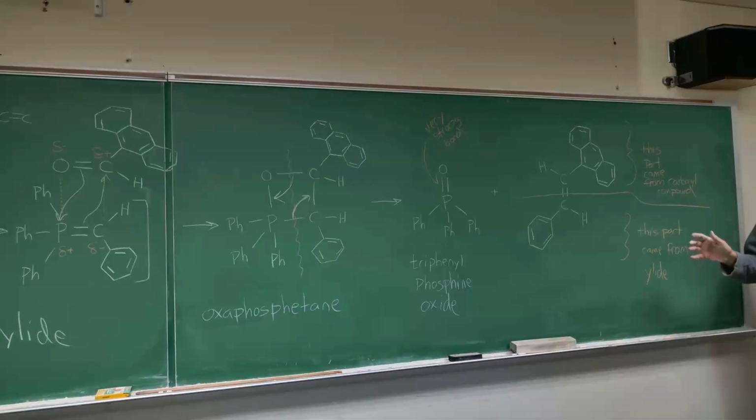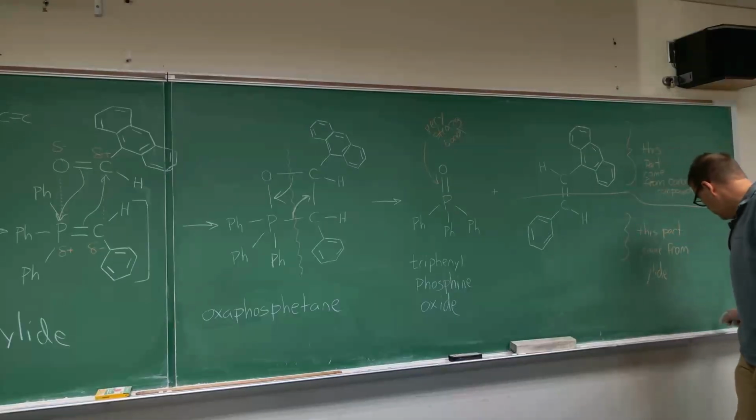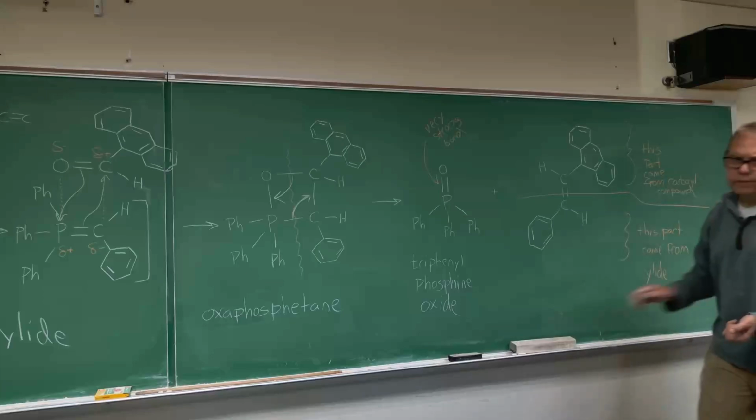Let's go through a few examples to see if we can predict products, and then we'll talk about where phosphonium salts come from and how you can work through how to make one.